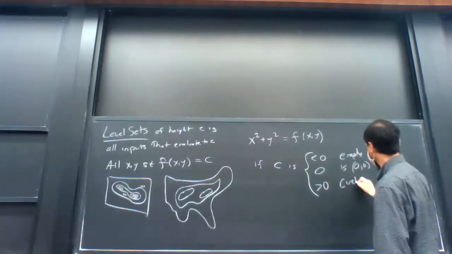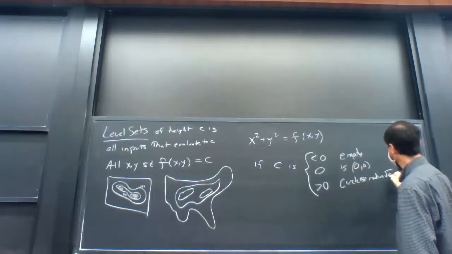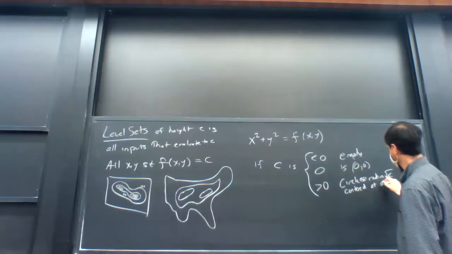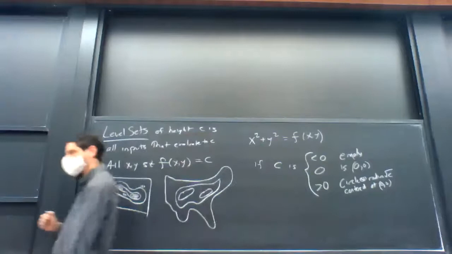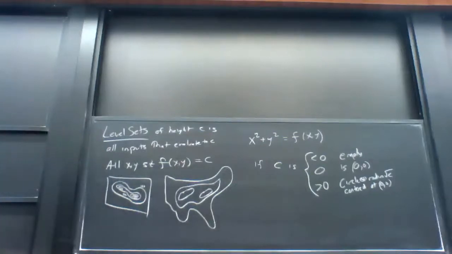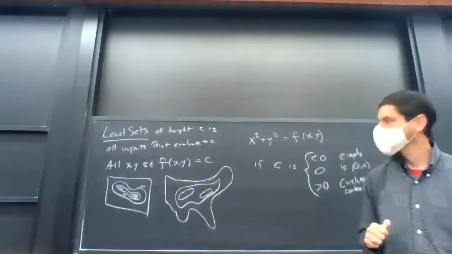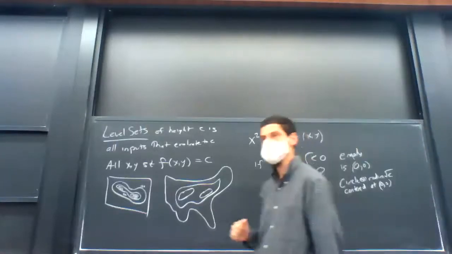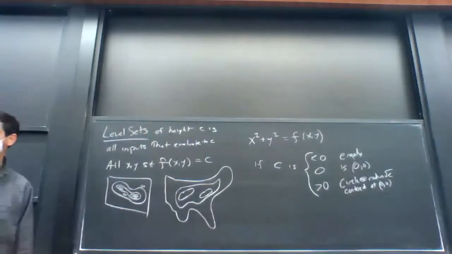So a circle with radius square root of c centered at 0, 0. So that would be the level set for this function. And the more complicated function I give you, the harder it's going to be to find the level set. It all comes down to doing algebra.